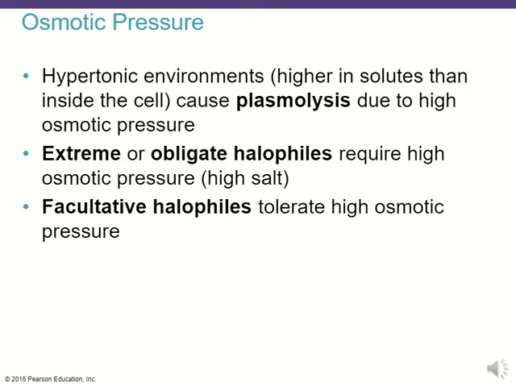In the case of extreme or obligate halophiles, they actually do require a high osmotic pressure or an environment with a lot of salts. And for the case of facultative halophiles, they will tolerate high osmotic pressure, so a high difference in dissolved solute concentration.